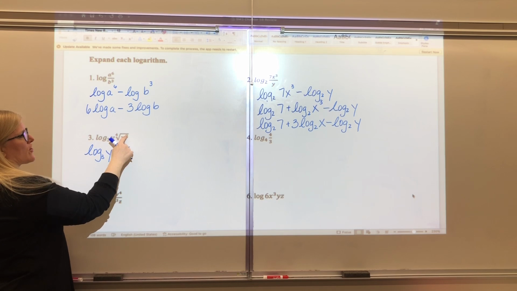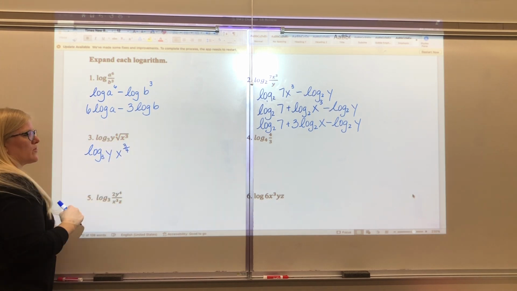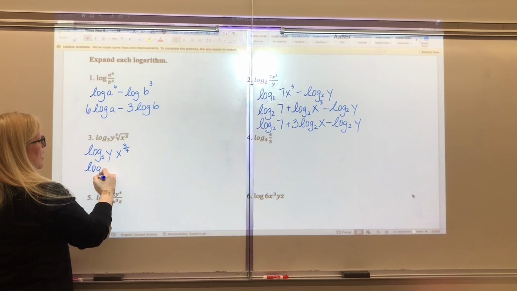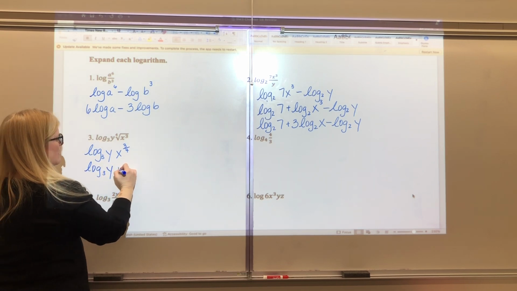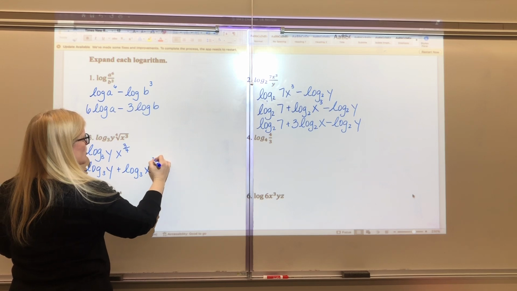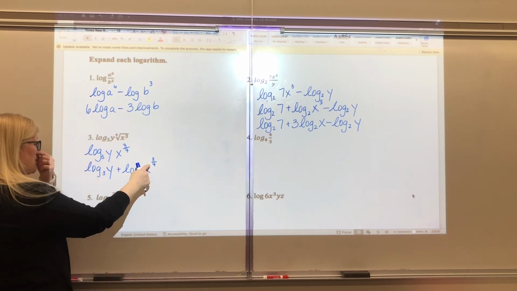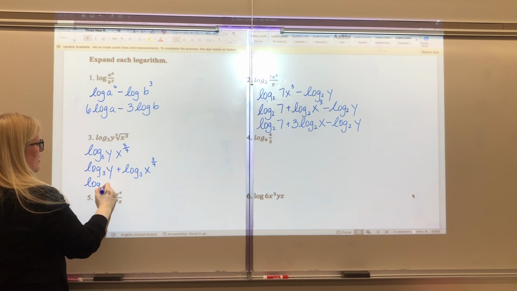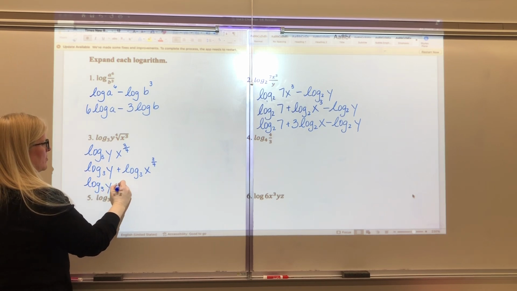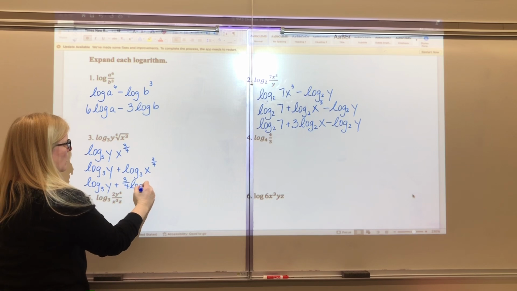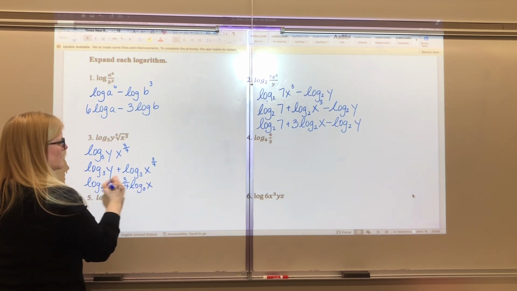It's x to the third, but then I'm taking the 4th root. All right, so it's multiplication. So log base 3 of y plus log base 3 of x to the 3/4. And again, I'm going to take that exponent and put it in the front. So log base 3 of y plus 3/4 log base 3 of x.